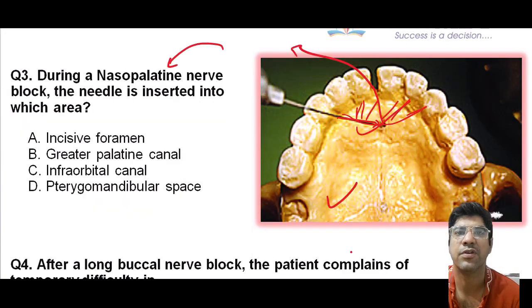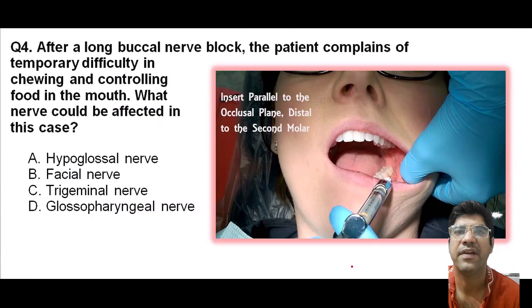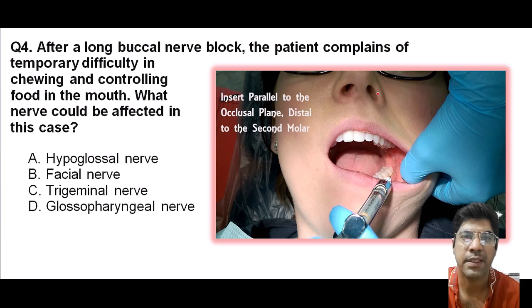Moving to the next question. After a nerve block, the patient complains of temporary difficulty in chewing and controlling food in the mouth. What could be the nerve that could be affected? The answer here is the trigeminal nerve.